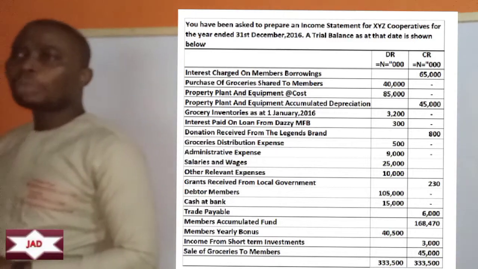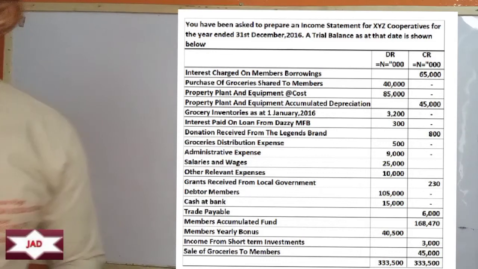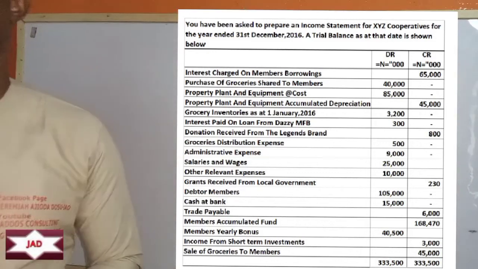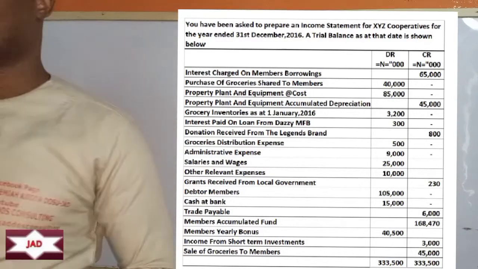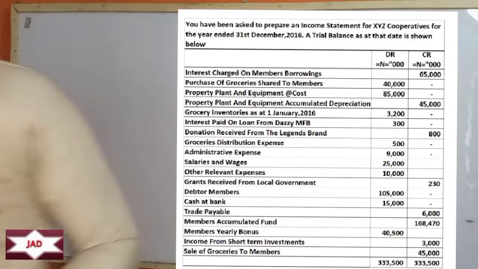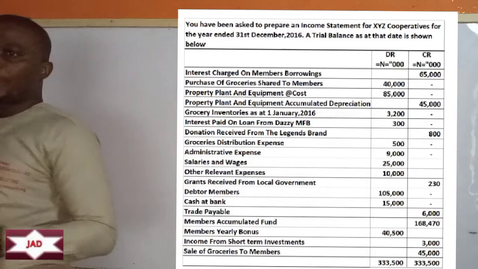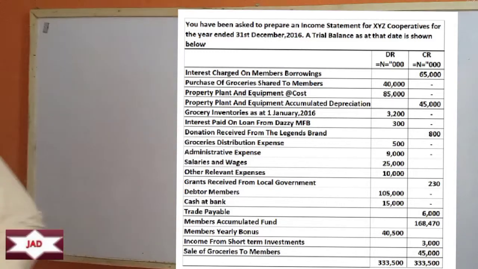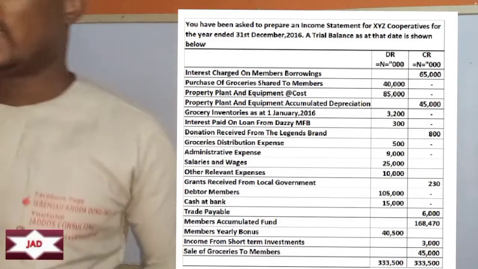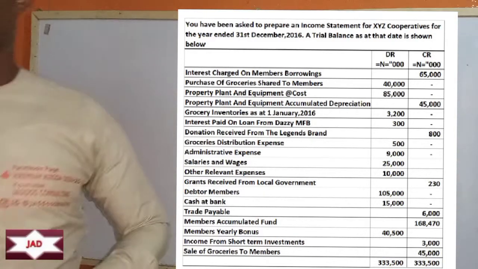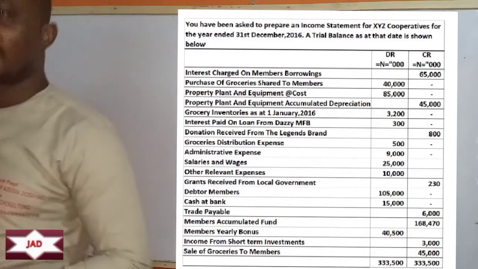So let's quickly take the question. You have been asked to prepare an income statement for XYZ cooperatives for the year ended 31st July 2016. A trial balance as at that date is shown below. We have interest charge on members' borrowings, purchase of groceries shared to members, property, plant and equipment at cost, property, plant and equipment accumulated depreciation. We have grocery inventories as at 1st January 2016, interest paid on loan from DAZI MFB, that's Microfinance Bank, I guess, and donation received from the Legends brand, groceries distribution expenses, administrative expenses, salaries and wages, other relevant expenses.